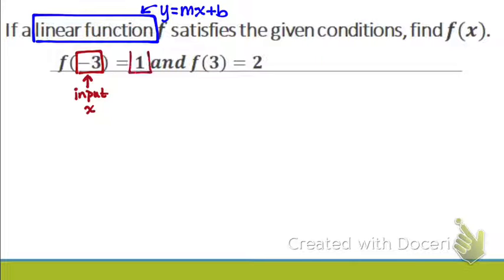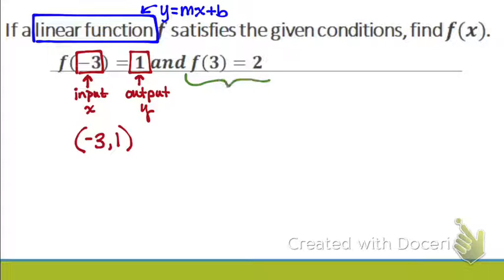So then what is this? Yes, this is the output, the y. So they've just given me an ordered pair. They gave it to me in a strange looking way, but they told me the input and the output. So I know that -3, 1 is on this line.